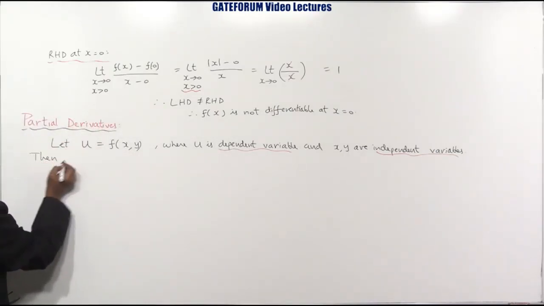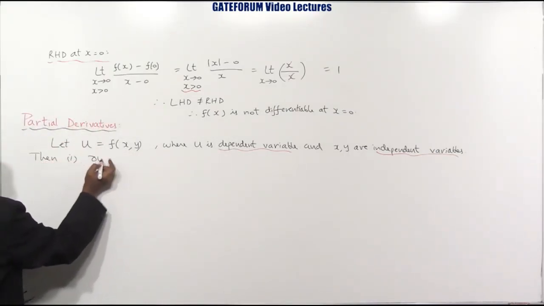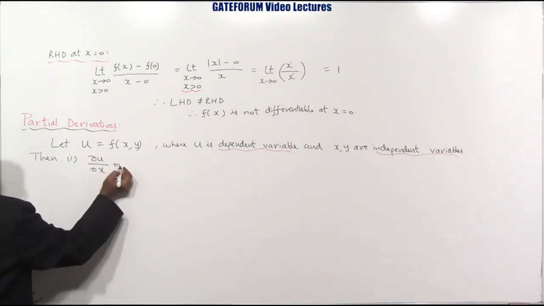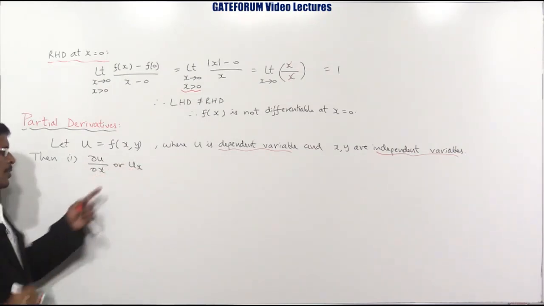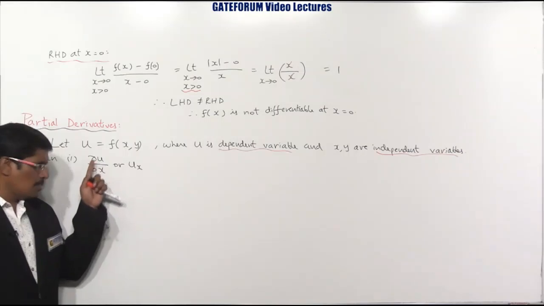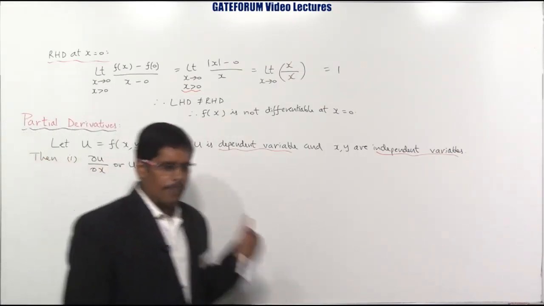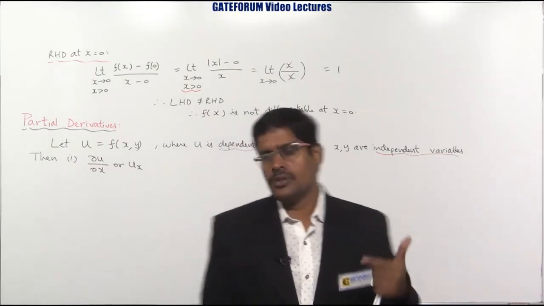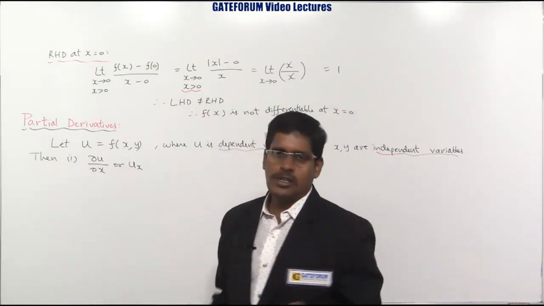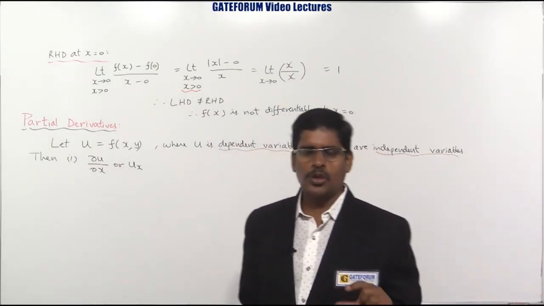Then, number 1, dou u by dou x or u suffix x. Some people denote it by suffix notation, and other people denote it by this one. How do you read it? Del u by del x. Some people in some regions read it as del u by del x, and some other people as dou u by dou x.